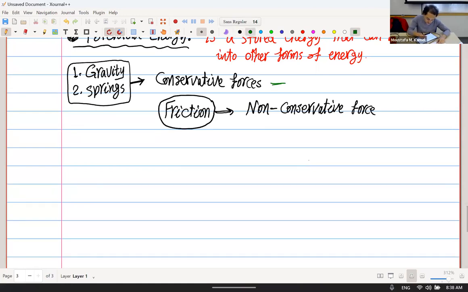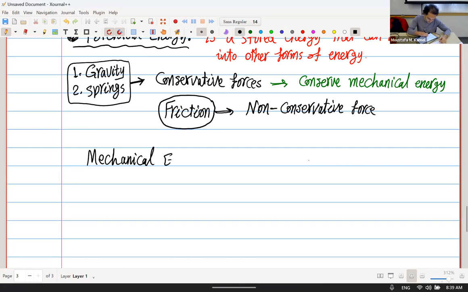So conservative forces conserve mechanical energy, and non-conservative forces do not conserve mechanical energy, where mechanical energy is the sum of kinetic plus potential energy.